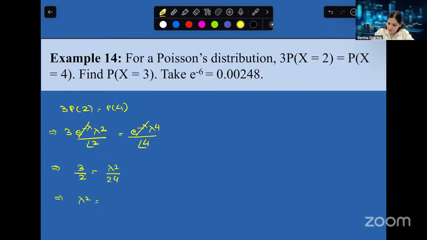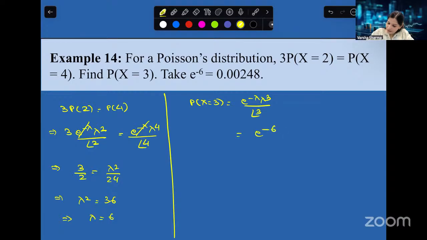So from here lambda square is 36, lambda cannot be negative, lambda is 6. Now using this we have to find P of x equal to 3: e^-λ λ^3 by factorial 3, e^-6 into 6 cube by 6, which is 0.00248, 6 square is 36, giving 0.0892.